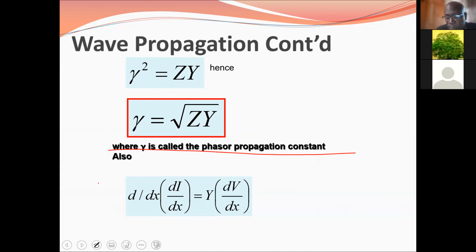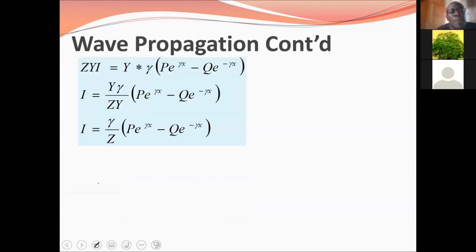So we make that substitution. So when we make those substitutions, we get I to be equal to y over z, e to the gamma x minus Q e to the minus gamma x.